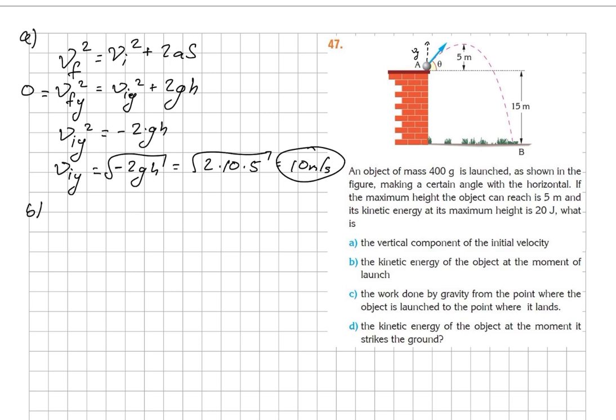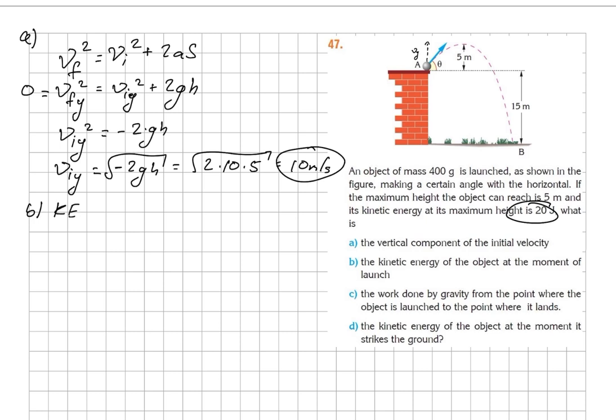The kinetic energy of the object at the moment of launch. For it, we have to use this information: at the maximum height, the kinetic energy is 20. We know that in two-dimensional motion, the horizontal component of the velocity doesn't change, meaning the horizontal kinetic energy also stays constant. So we can find the horizontal velocity by using this 20 joules.